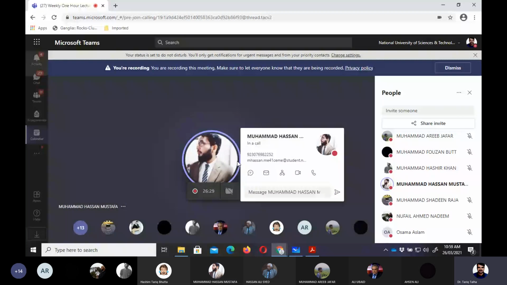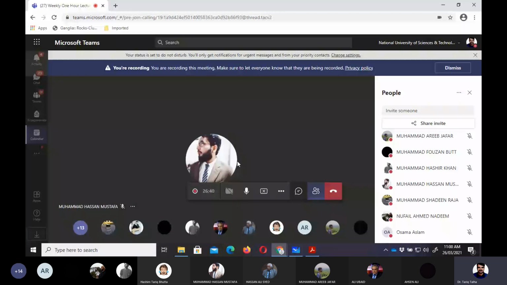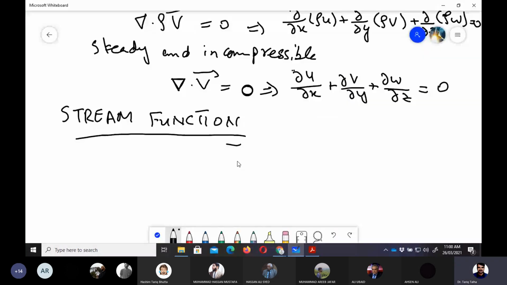So it means that no fluid particle can flow across the streamline. It cannot cross the streamline, it would move along the streamline. So that is the definition of the streamline.